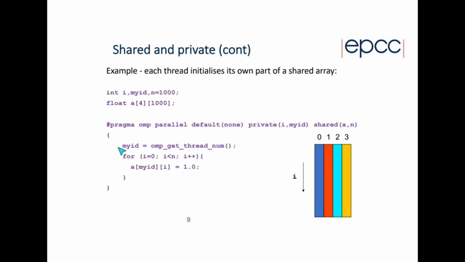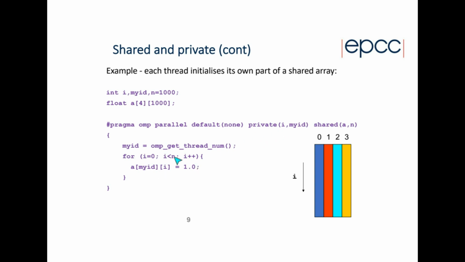But clearly in this case, we want every thread to have its own storage to store its own thread number in. So myID needs to be private, so it can go in the private clause here. And we've got I here. Again, every thread needs its own copy of I to iterate with, so declare I as private here.